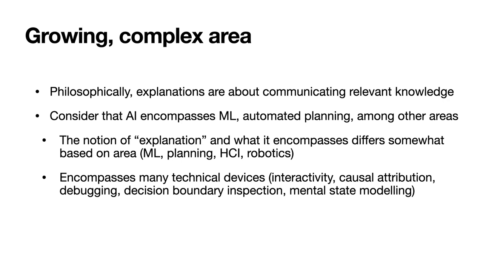And in each of these areas, again, it has manifested itself in terms of different technical devices. There's interactiveness, causal attribution, debugging, decision boundary inspection, mental state modeling, and many other things. Okay, so sometimes even a combination of these things, depending on the area you're from.